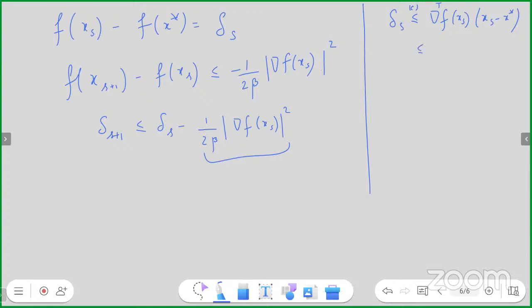Just by the Cauchy-Schwarz. Right? Not the square. All right. So now, any idea what has happened here?